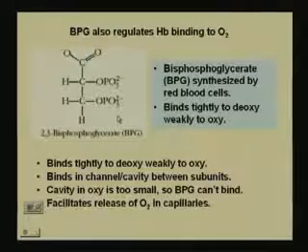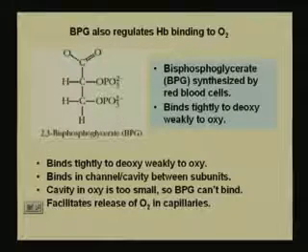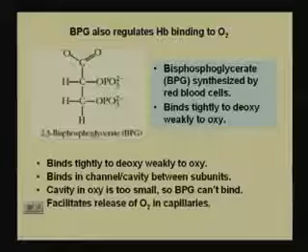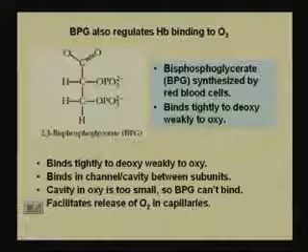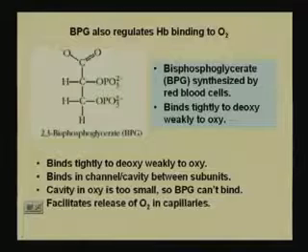Okay? Now, once it holds the BPG molecule, can you tell me what is going to happen to the oxygen then? If the deoxy is binding the BPG, then the oxygen will not be bound to it. It will be released. Okay?